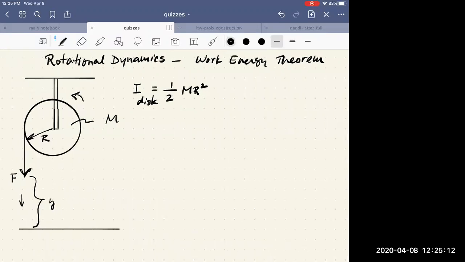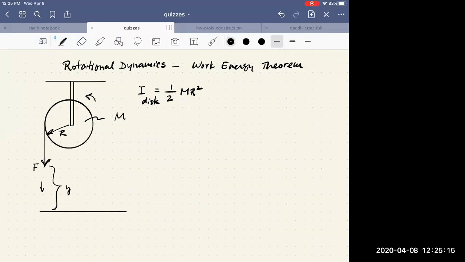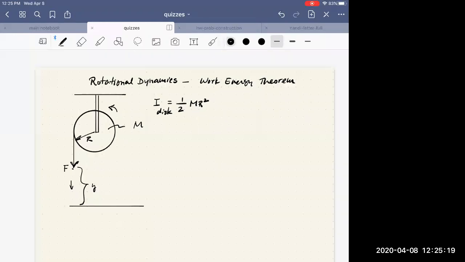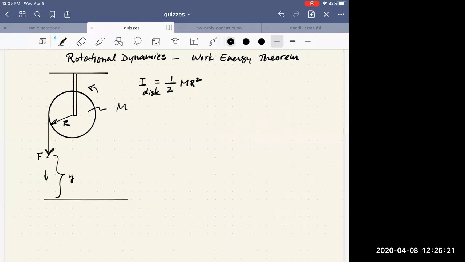I could have attached a mass here maybe, but I've chosen not to. I'll do it later, so that way you'll be able to see how that is being done.